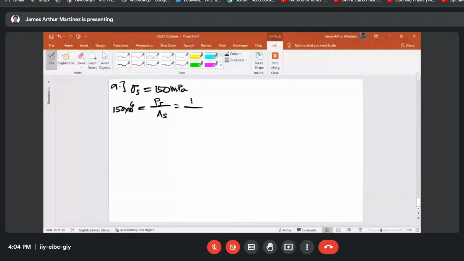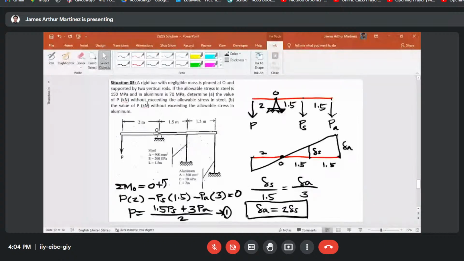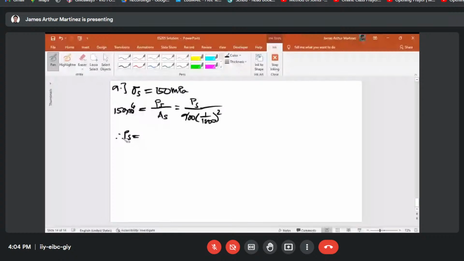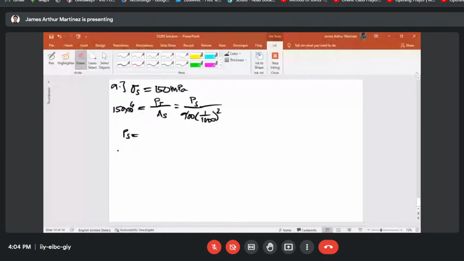How much is our area for steel? It is 900 millimeter square, diba? So therefore, PS is, you have 135,000.